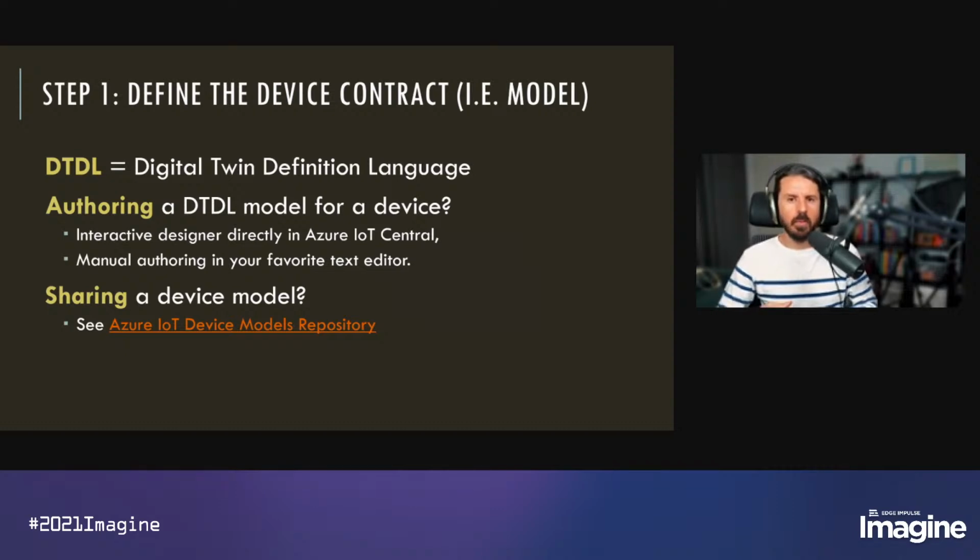And so when I created the nose, I had to author my own DTDL model. It's something that I could have done in the cloud, straight from the Azure IoT Central cloud portal that we will see in a bit, or something that you could author almost as you would author code. It is a JSON document, more or less.